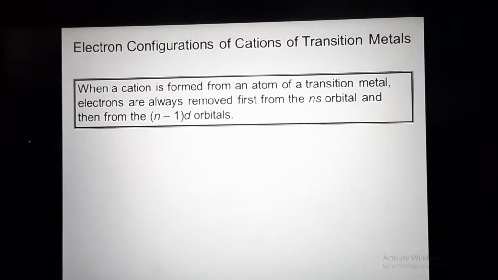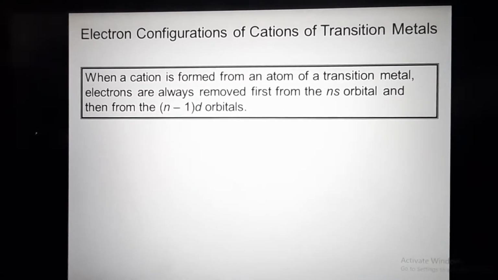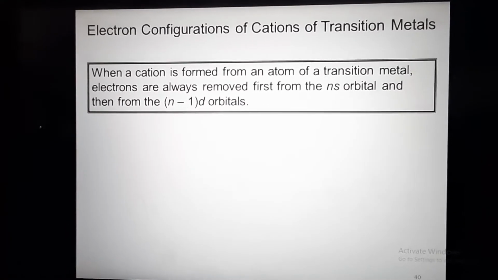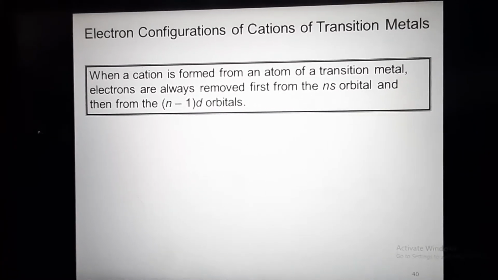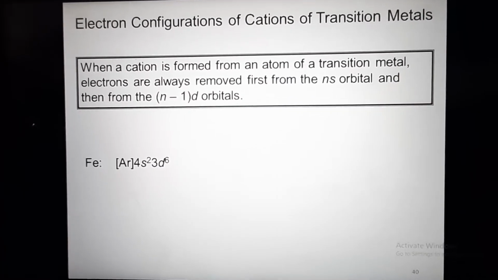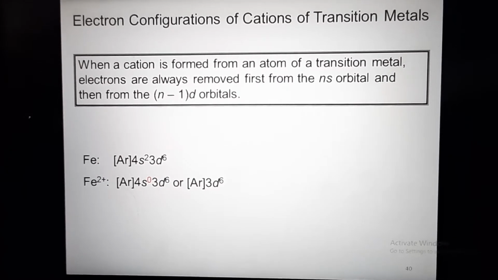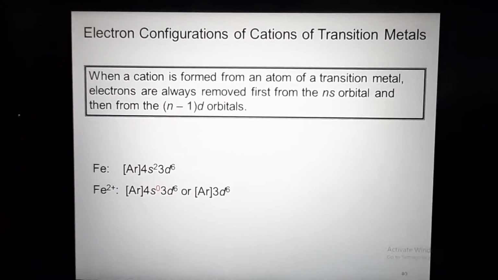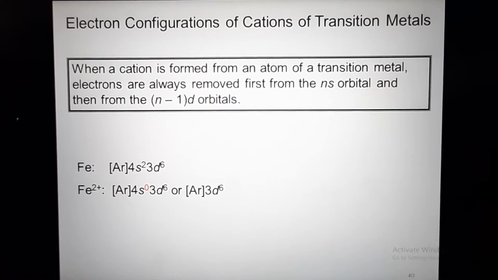So what I was referring to with the transition metals taking different charges: when a cation, remember that's a positive ion, is formed with a transition metal, the electrons are always removed from the ns orbital and then from the d orbitals. So they tend to lose, in this case iron, the 4s2 electrons, becoming 2 positive. So that changes the electron configuration to 3d6, giving iron a 2 positive charge.